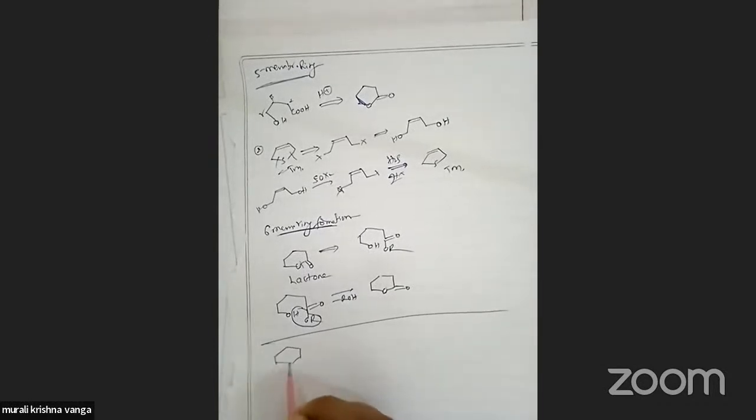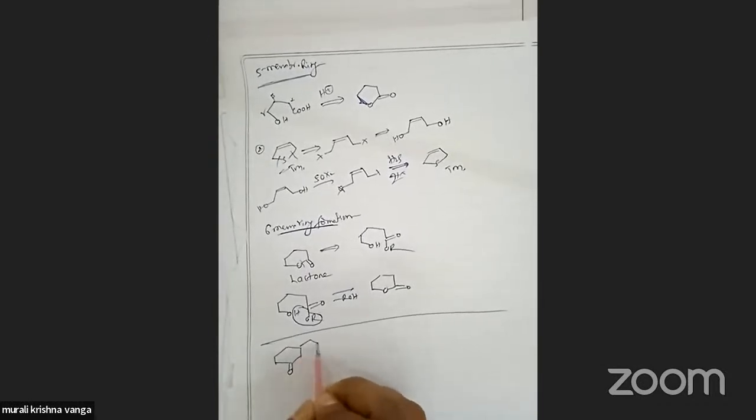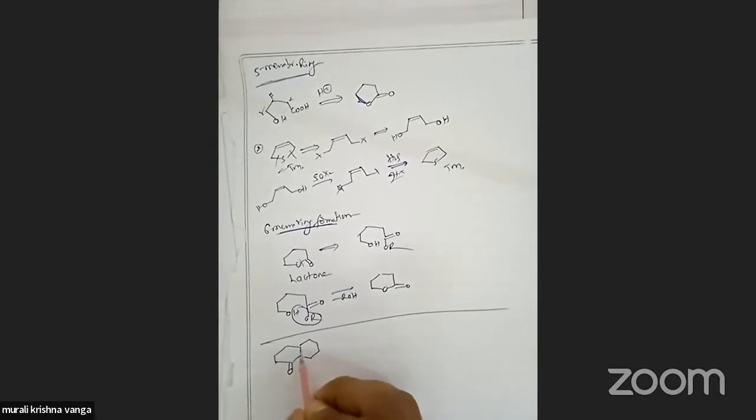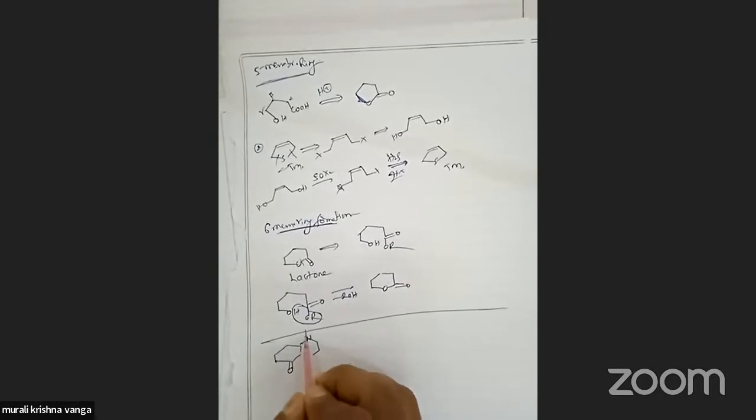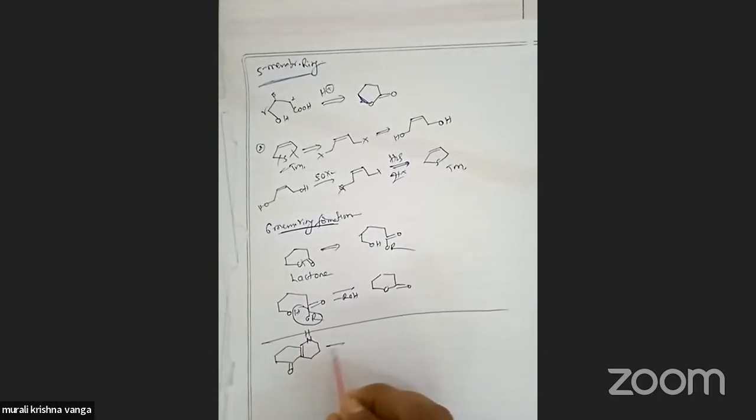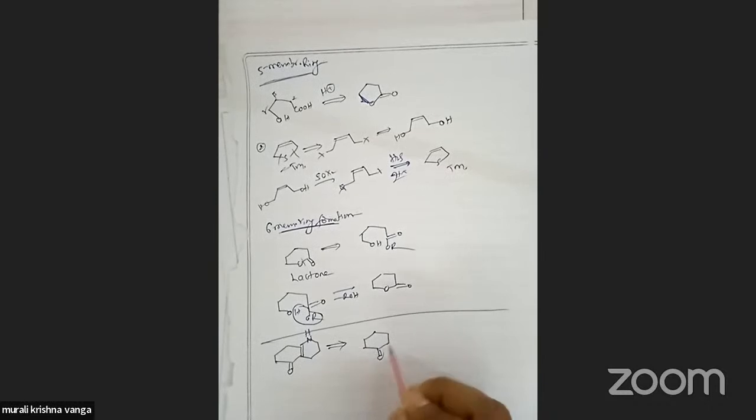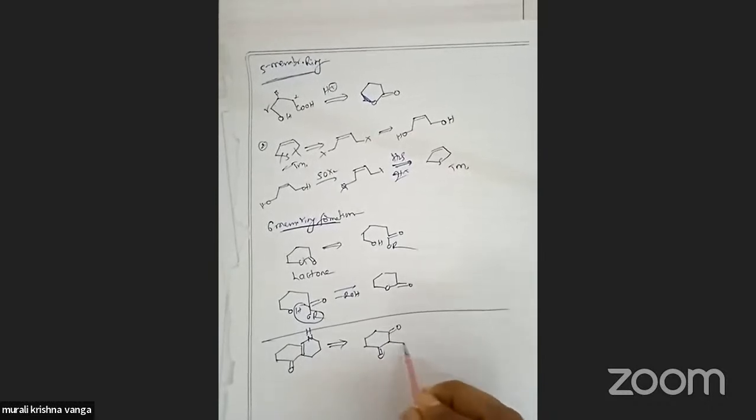When we take this example, a ketoamine, it undergoes functional group interconversion to a diketone and NH2.